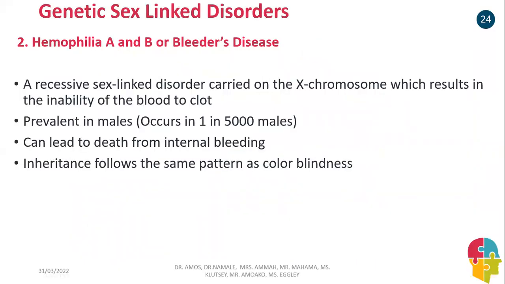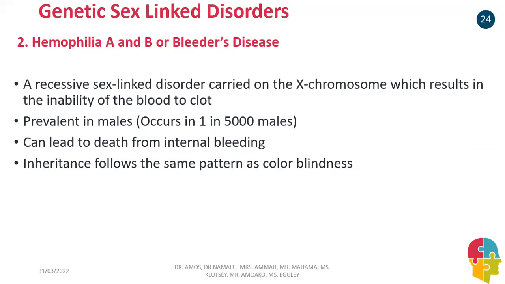I want us to look at another condition called hemophilia. We have hemophilia A or B, and hemophilia is called the bleeder's disease. Hemophilia is also caused by a mutation on one of the genes on the X chromosome. And this gene allows for the ability of what? Blood to clot.